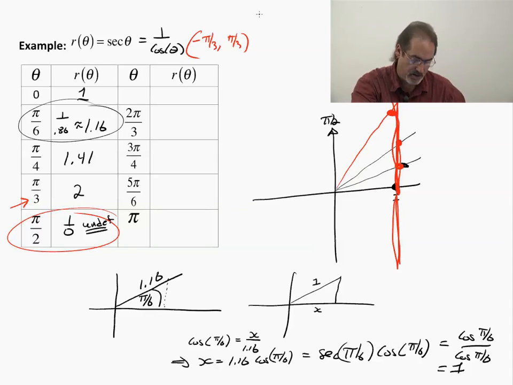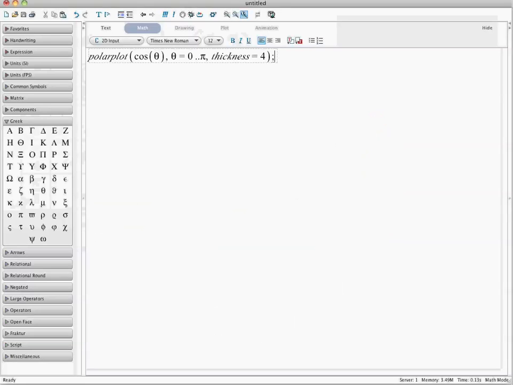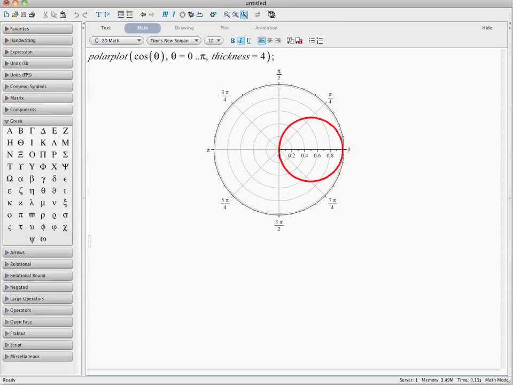So let's go ahead quickly and jump on to Maple and take a look at a couple of these. The first thing I want to do is take a look at cosine of theta between 0 and pi. And I'm going to make the thickness 4 so it's really nice and just jumps out. There it is. That's that same circle that we just looked at.